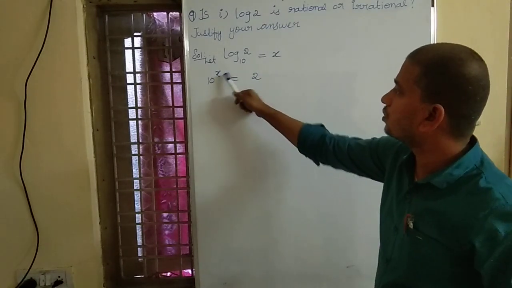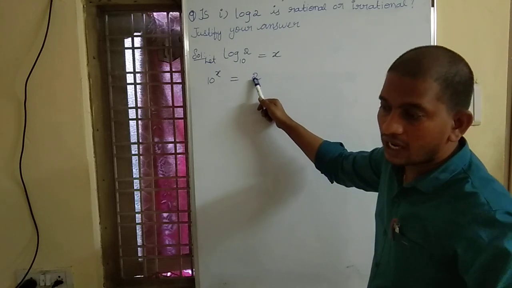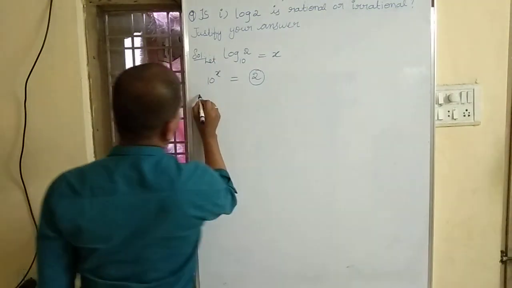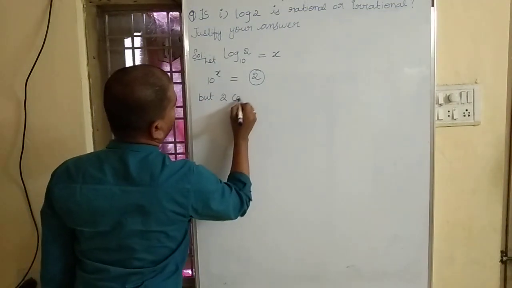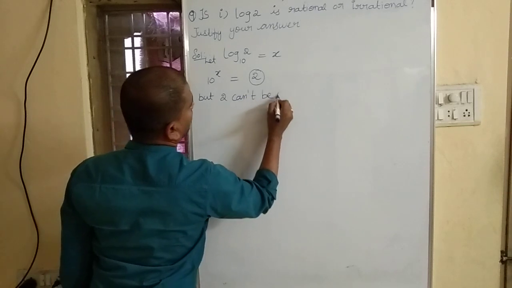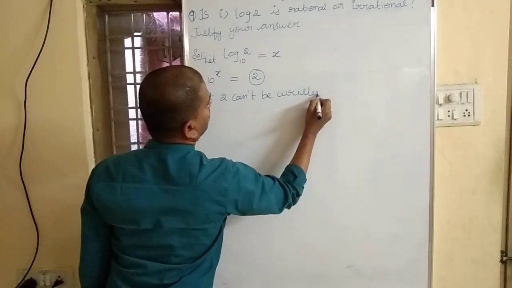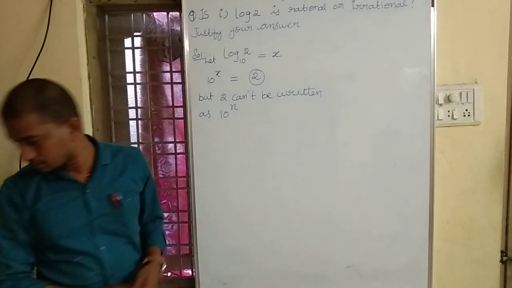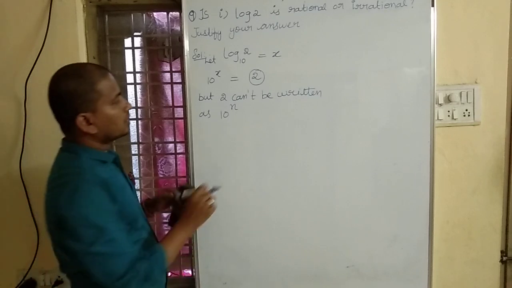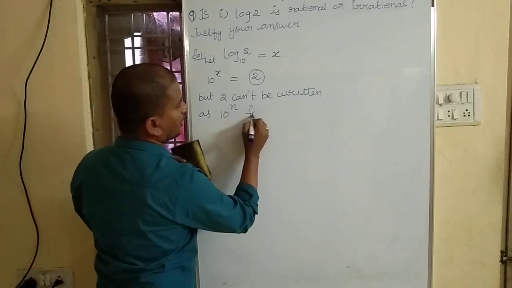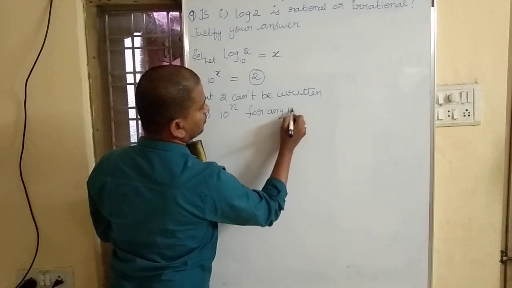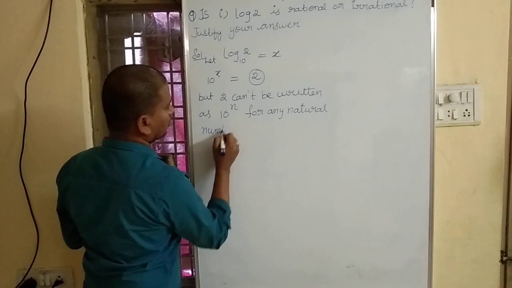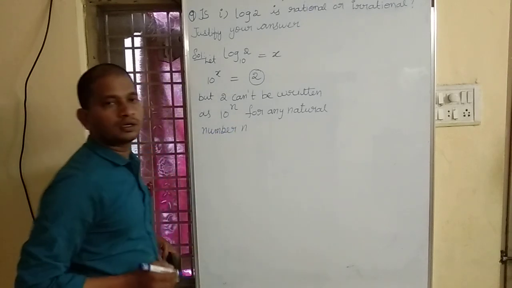We got 10 power x is equal to 2, but 2 cannot be written as 10 to the power of n for any natural number n.